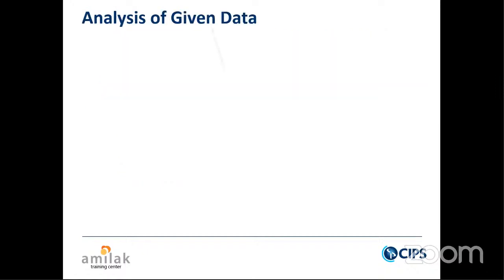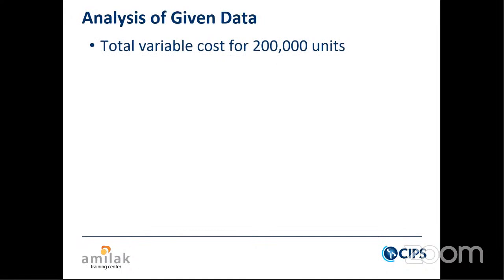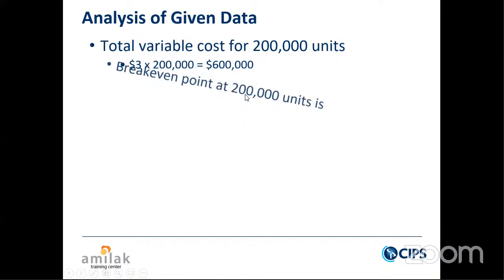So let's analyze the data that we have been given. The total variable cost for the 200 units is the variable cost per unit, which is $3, times the 200 units that are budgeted to be produced, which gives us $600 US.